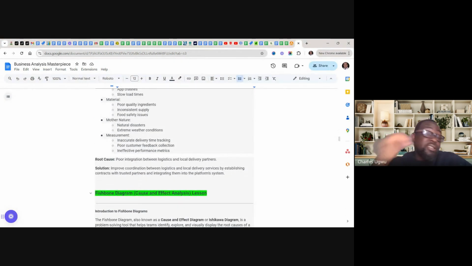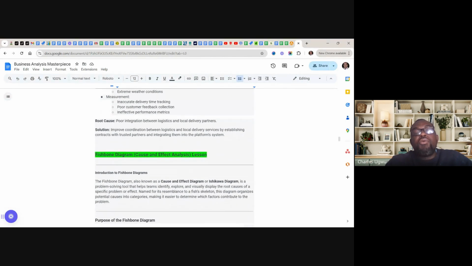So we use that as a case study, our case study being an e-commerce application. So this is how a fishbone diagram can be applied to a system and used to solve a problem in a project.